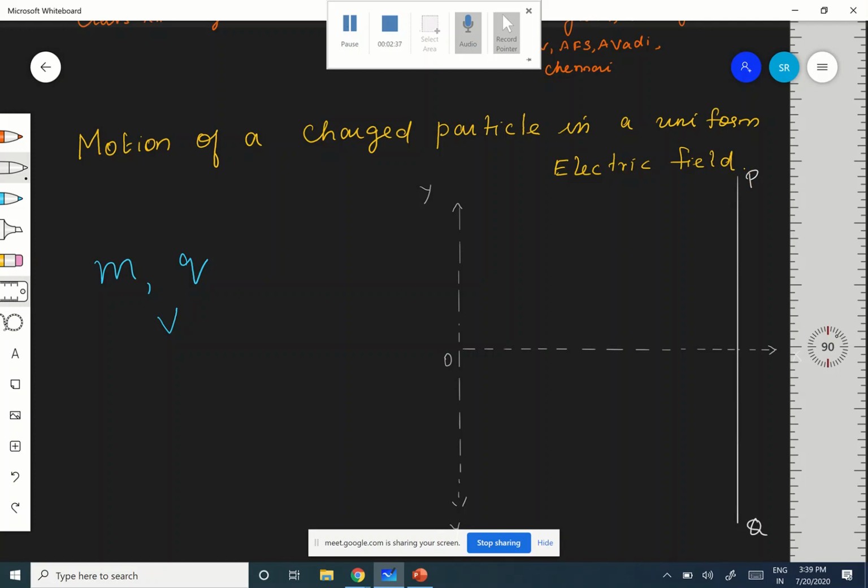Let the point be A. So the charged particle is moving along the x direction, I kept one screen in its path, and it collides with the screen at A, thereby producing some scintillations.